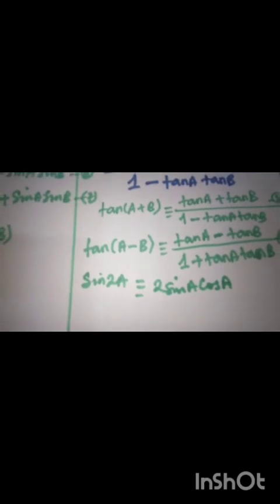Now to obtain cos 2A, we go to cos A plus B. If B is replaced by A, we have cos A plus A, which is cos A cos A minus sine A sine A. We know that cos A cos A is cos squared.